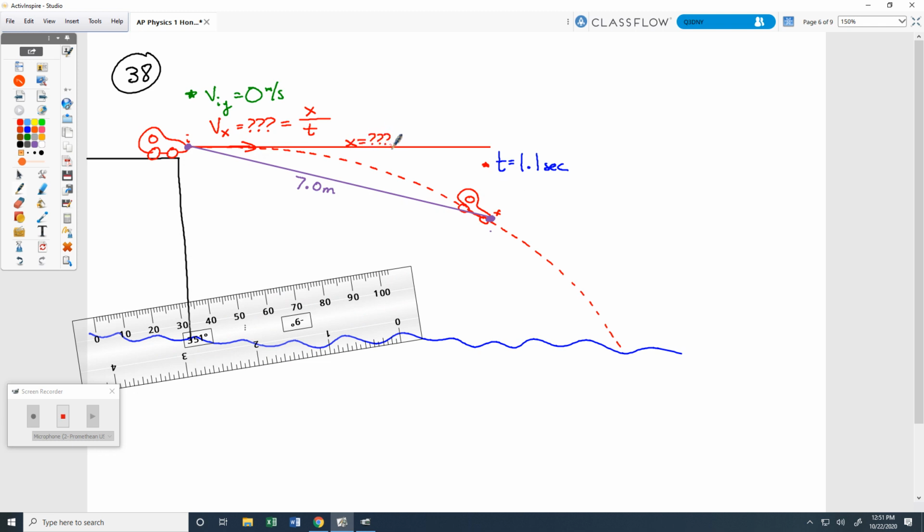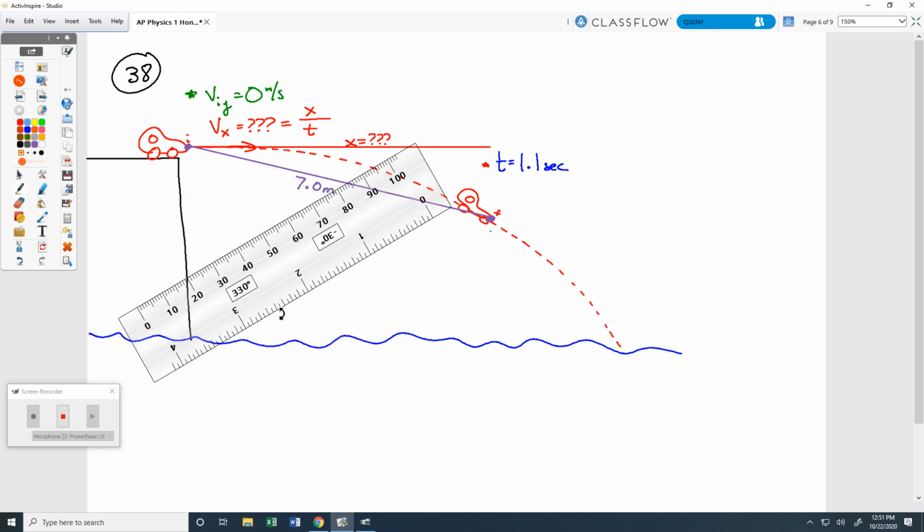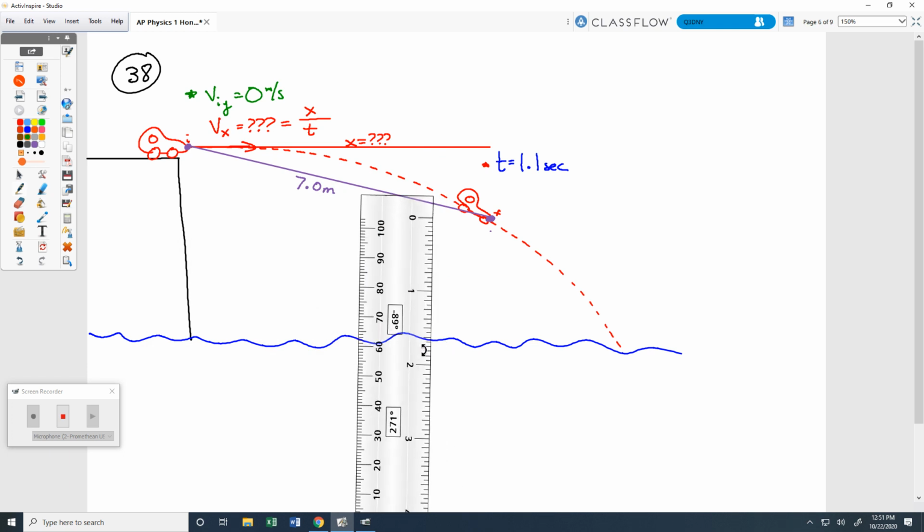But this curved line, this little dotted line that I've drawn in here, is the path that it actually travels because it's going to fall vertically. So I'm going to take my ruler and flip it around so now it's at 90 degrees.